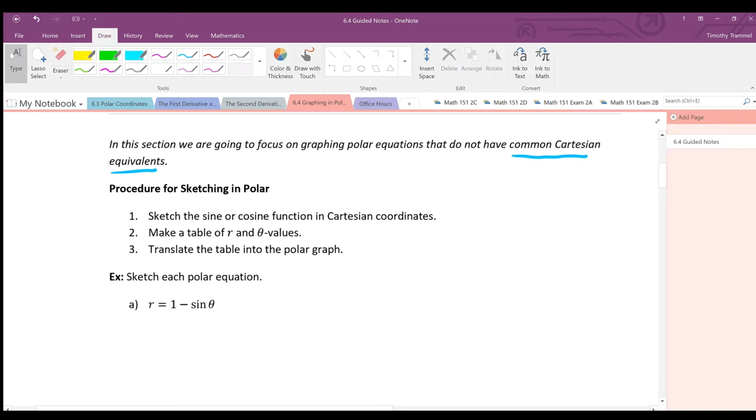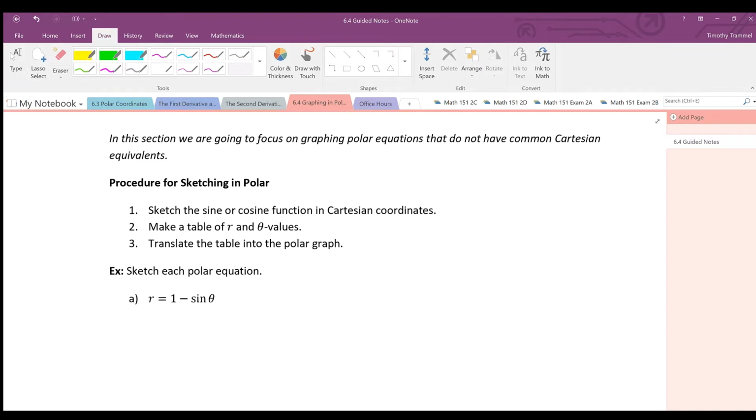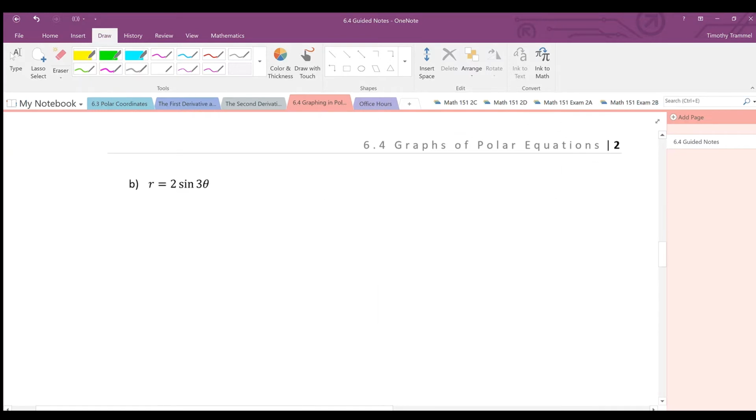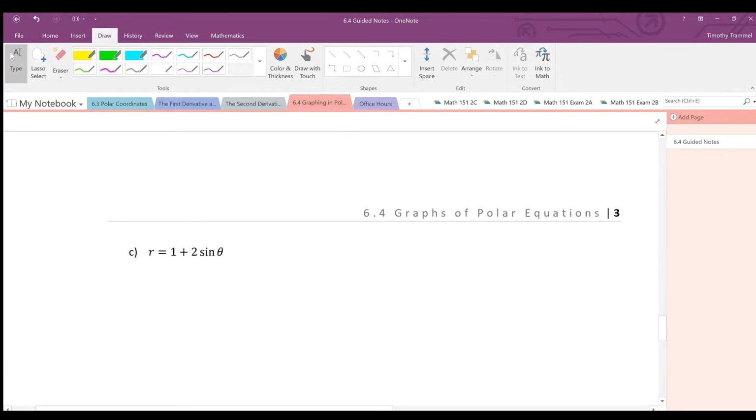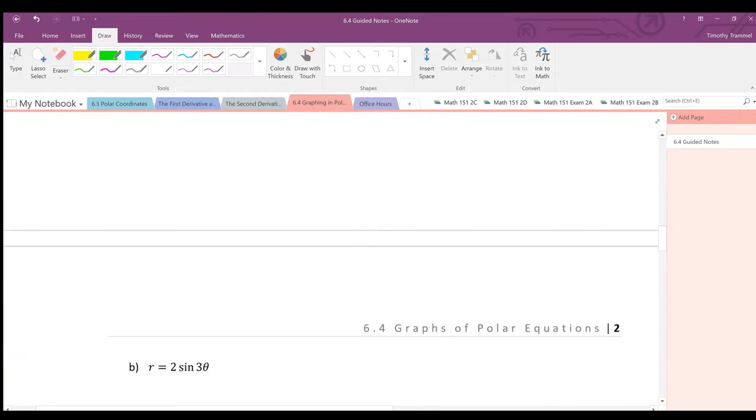Well, if we are going to graph some of these trig functions in polar, because that's really what we're going to be focusing on here, you'll see that A, B, and C all look like things you've graphed before, other than you're used to it saying y equals something with x, and now it's r equals something with theta.